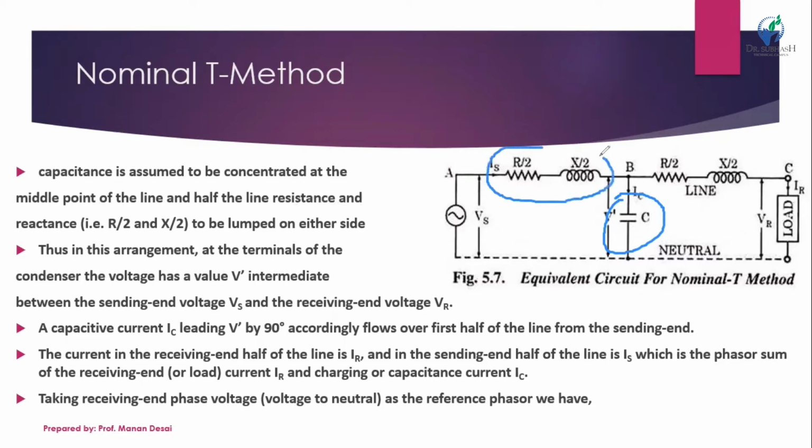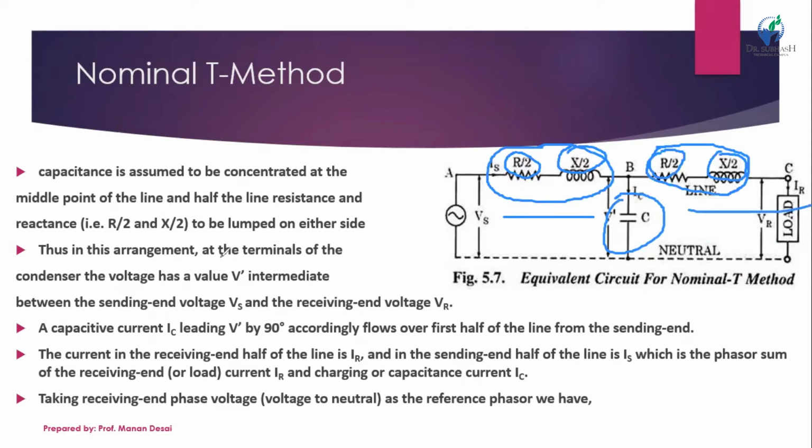So students, here in the figure, this is half resistance and half reactance. When the capacitor is concentrated at the middle of the line, the total resistance and reactance are considered as a half part on the sending end side and a half part on the receiving end side.